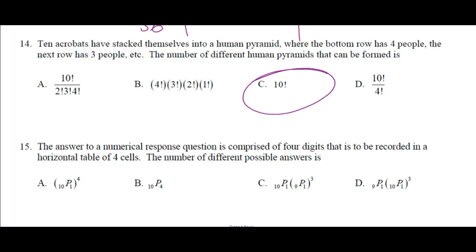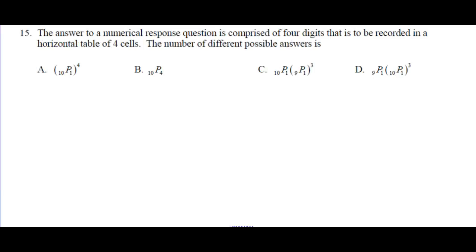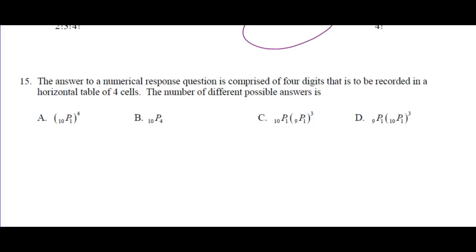The answer to a numerical response question is comprised of 4 digits that is to be recorded in a horizontal table of 4 cells. Number of different possible answers. Okay, can you repeat in a numerical response? Yes. Okay, what's the answer? A, yeah, 10P1, so I need one number from a set of 10 times one number from a set of 10.